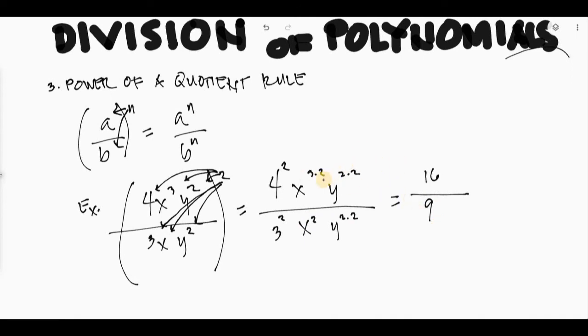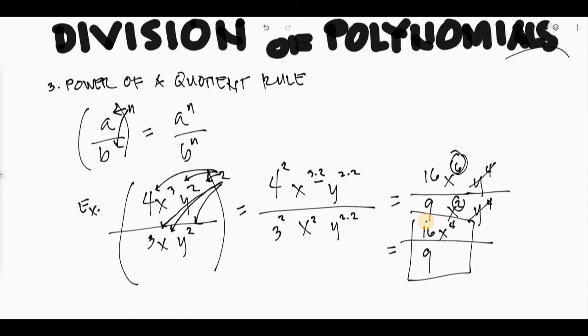Then 3 times 2 will give us x raised to 6, then x squared, then we have y to the 4th over y to the 4th. Here we can simplify the problem. 6 minus 2 will give us x to the 4th, because 6 is larger than 2, so we wrote the 4 on top. These can be canceled because both are 4. 4 minus 4 is 0, and y to the 0 is equal to 1. So, this will be our final answer.